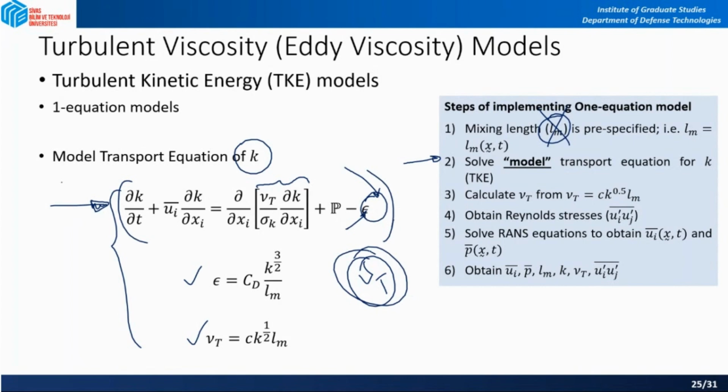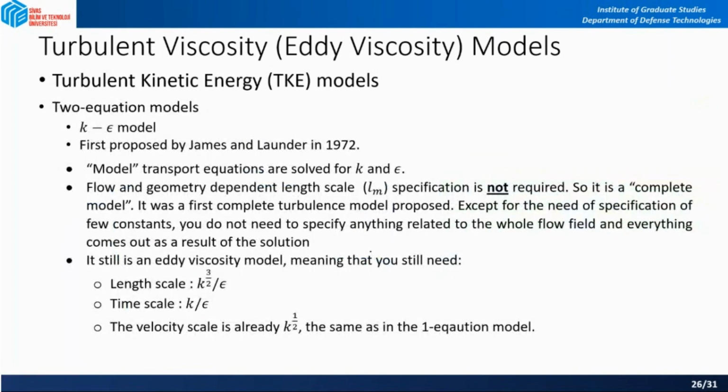As we said, the solution is to write another differential equation for epsilon, and it will be a two equation model, and that is called the K epsilon model. The K epsilon model was first proposed by Jones and Launder back in 1972. This is a two equation model, with model transport equations solved for K and epsilon, as we said.